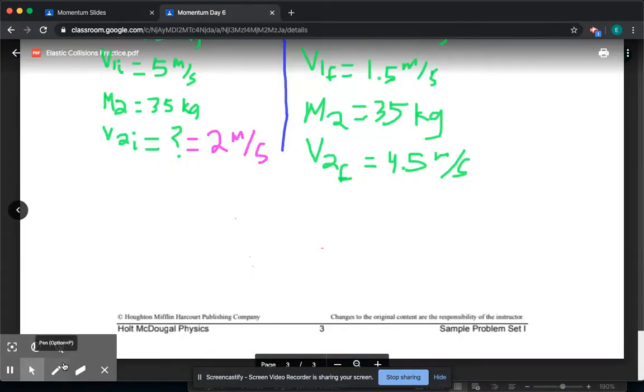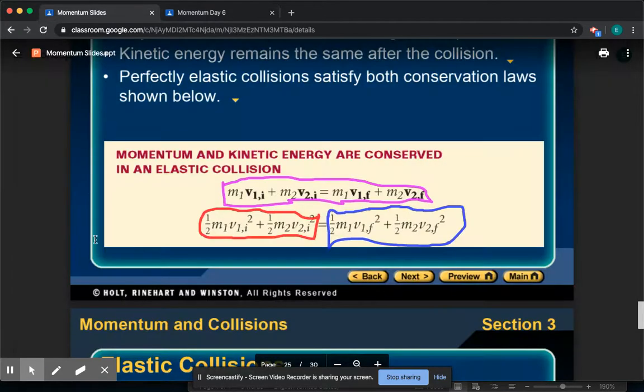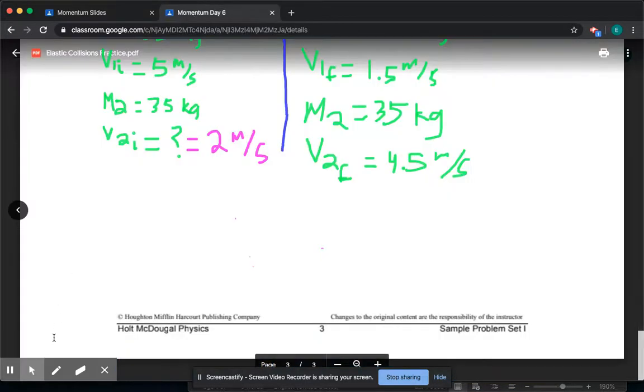So if you plug all of those numbers in, I'm just going to go straight into plugging in the numbers. 1/2 M1 V1I squared.